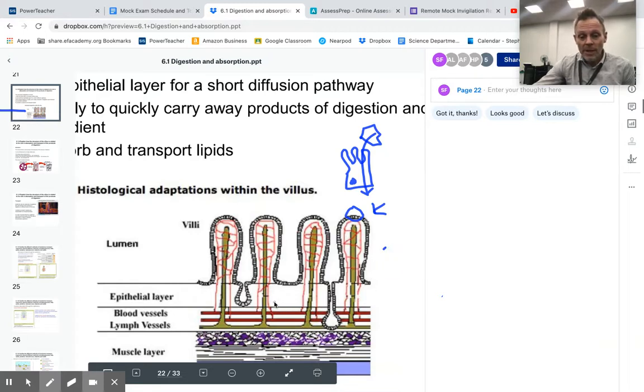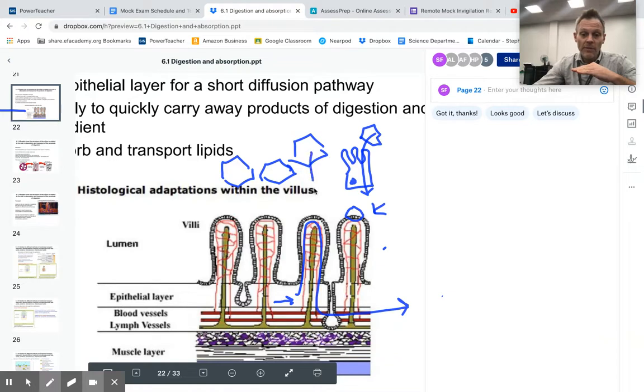Because the blood is coming in here and goes up the villi and then goes back down and eventually gets used somewhere in your body, it's bringing fresh blood in with a low glucose, for example, or amino acid or whatever molecule we're talking about. So we're going to want to diffuse from a high concentration. If you're eating food, you're going to have all these glucose molecules in the lumen of your small intestine.